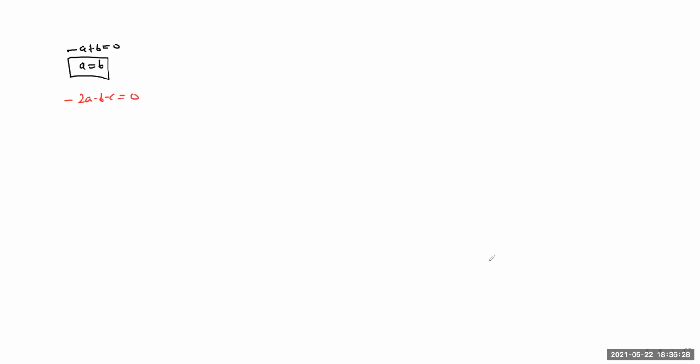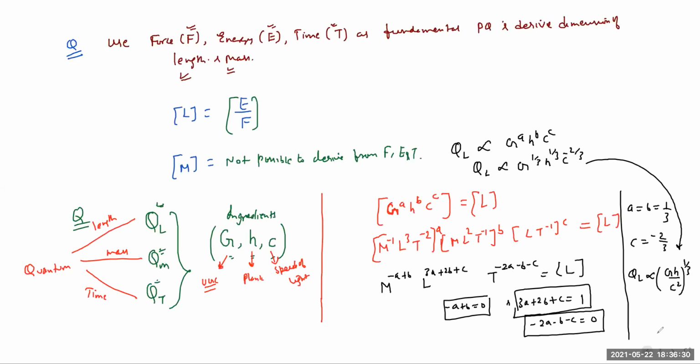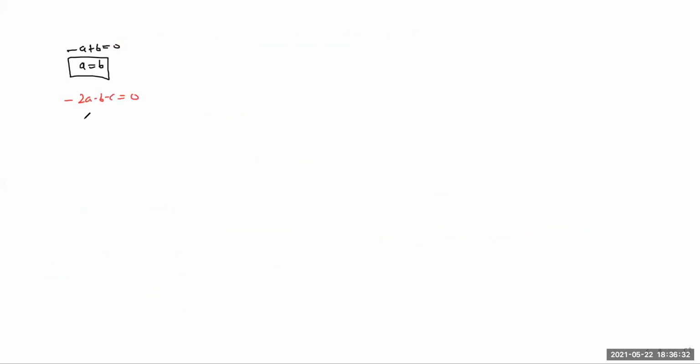This is the last equation. I'm using the last equation first. So I can write A equals B, so I can write minus 2A minus A minus C equals 0. C is minus 3A. So we got A equals B, C equals minus 3A. Solving this and this, and the last equation is 3A plus 2B plus C equals 1.